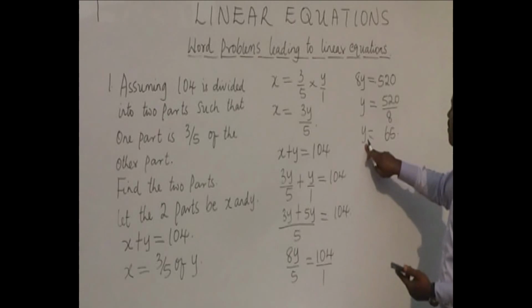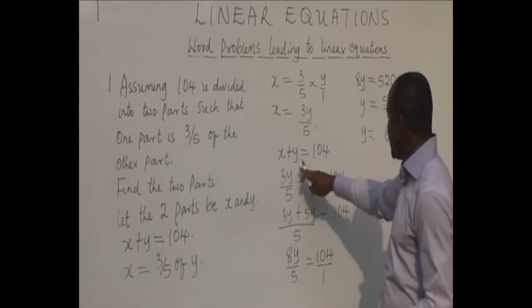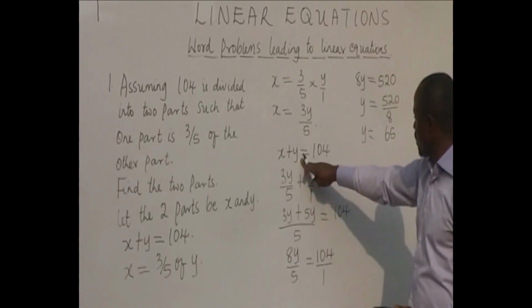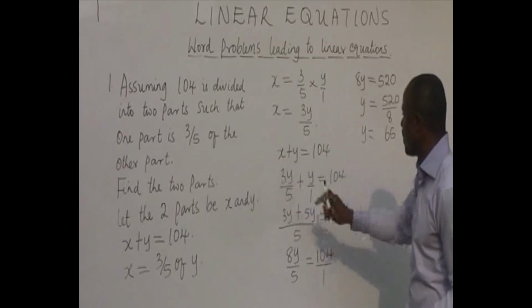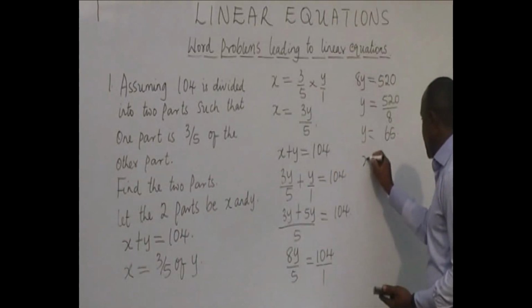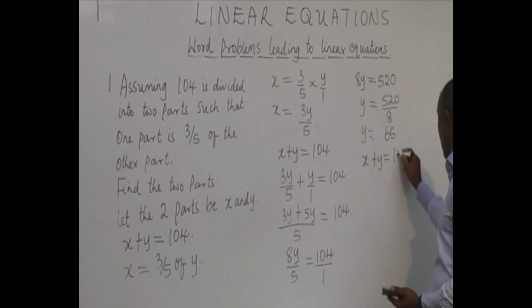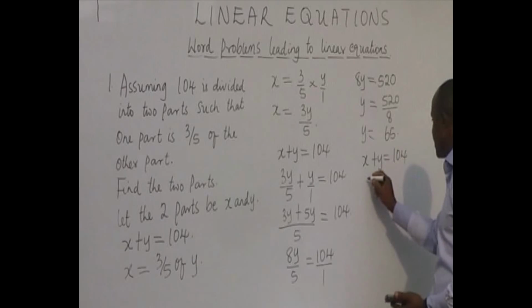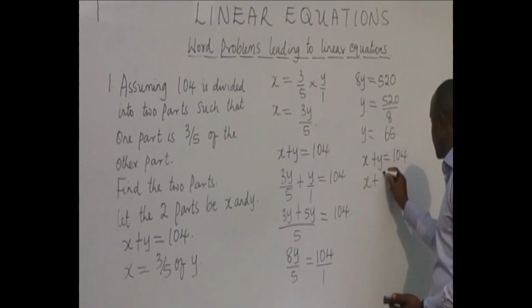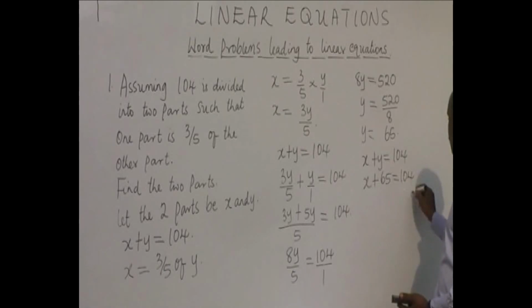Now that you have discovered that the value of Y is 65, go back to your initial equation. Substitute Y is 65 so that you find the value of X. The initial equation is X plus Y is equal to 104. But Y is 65. That means X plus 65 is equal to 104.